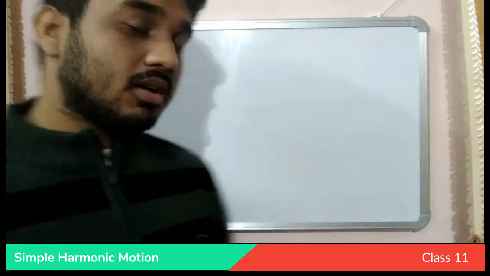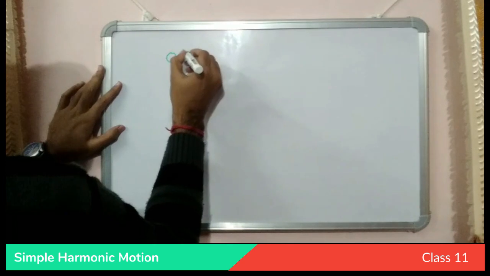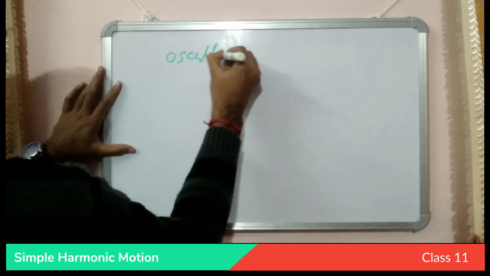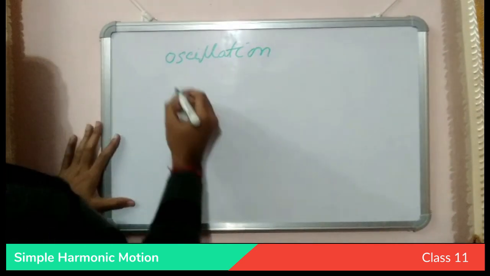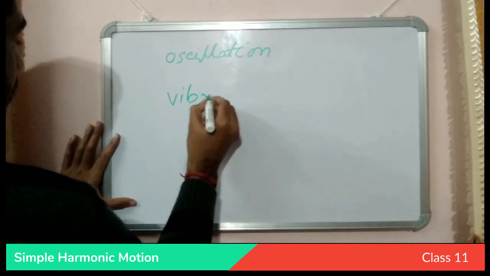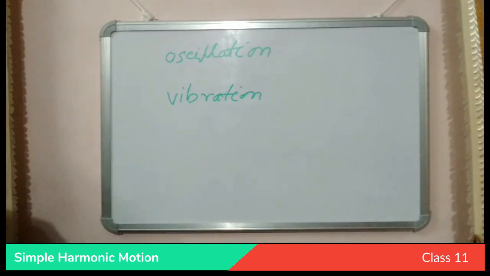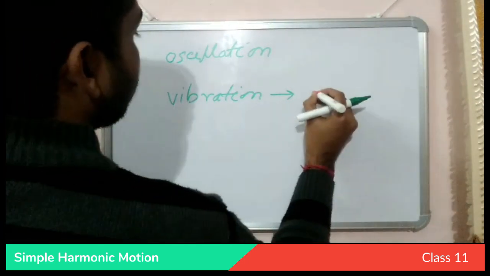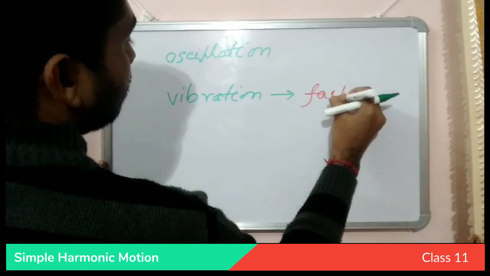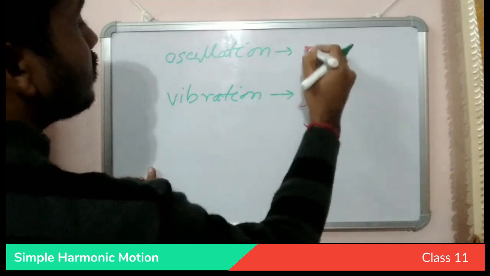As I mentioned earlier, there is oscillation and vibration. Vibration is a fast process, and oscillation is a slow process.